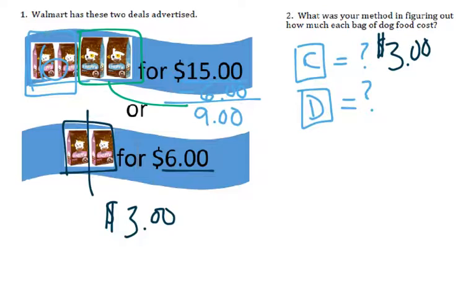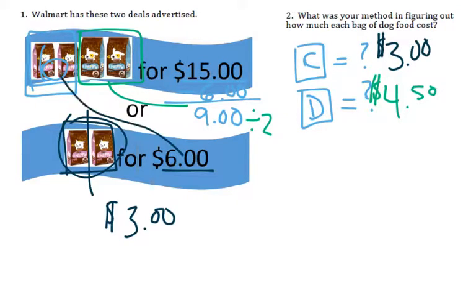So $9 would be for the 2 bags of dog food, and we cut that in half, and you get $4.50. Right? So we use this concept of how much the cat food is and then substitute that price into our other coupon and use that to figure out how much the dog food is.